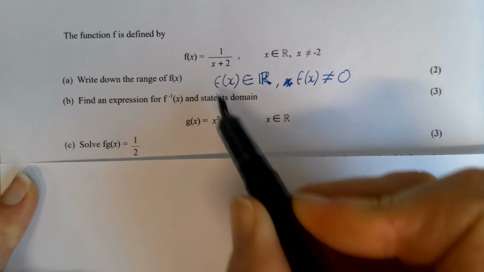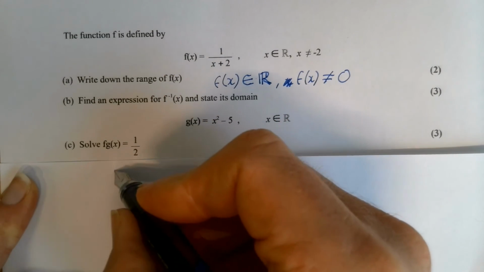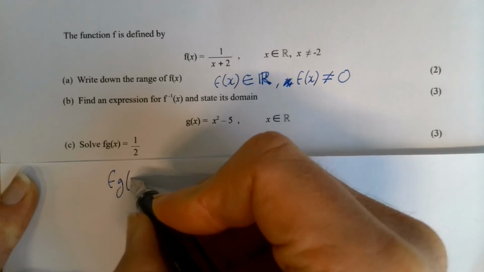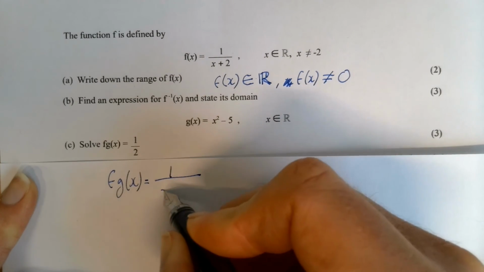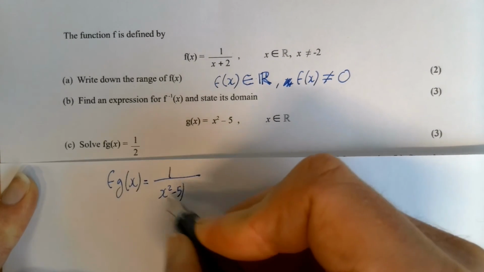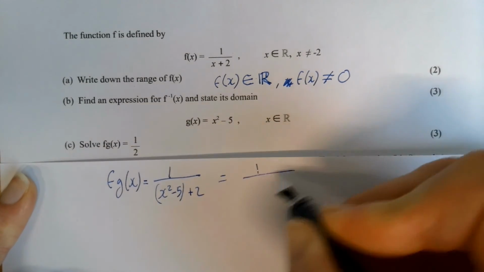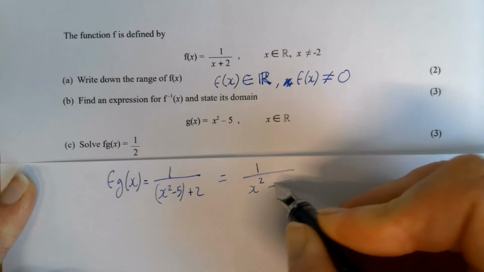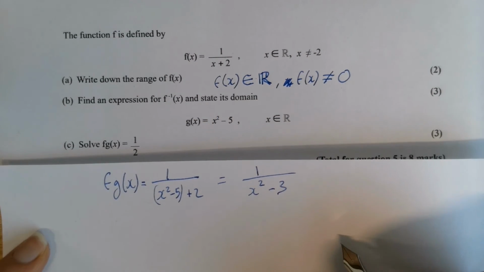Then you're going to put that in as your x value within f. So we can say that the composite function is going to equal 1 over, instead of x, x squared take 5 plus 2, and that we can simplify to 1 over x squared take 3.